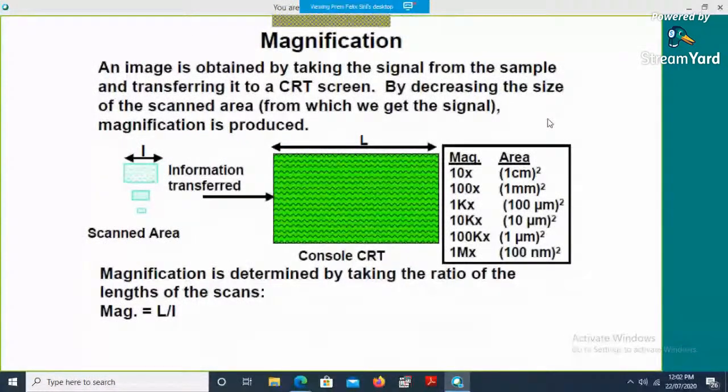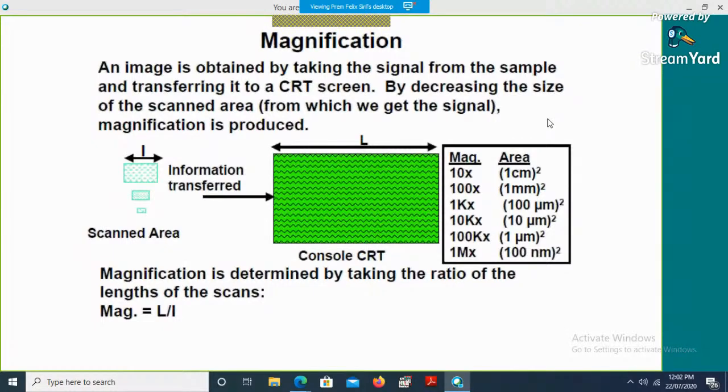During the dwelling period, signals are created from that particular place, the signals are detected by the detector, and constantly the image is created. If you happen to see how the imaging is done in a scanning electron microscope, you will always see that the image becomes clearer from top to bottom in a linear fashion, because it is scanning over the sample in a linear fashion.